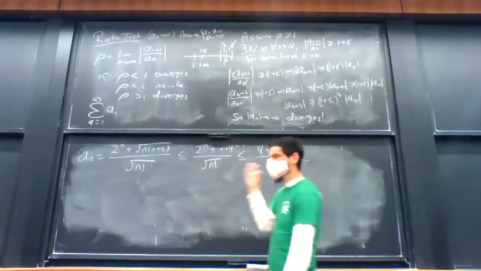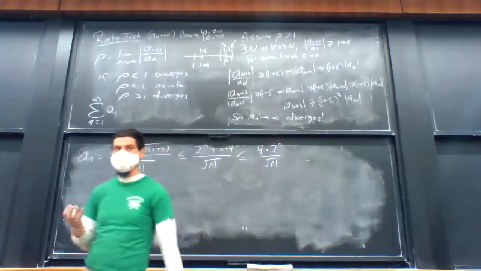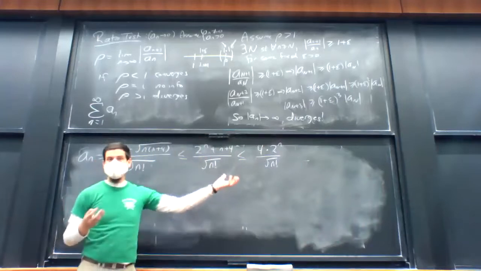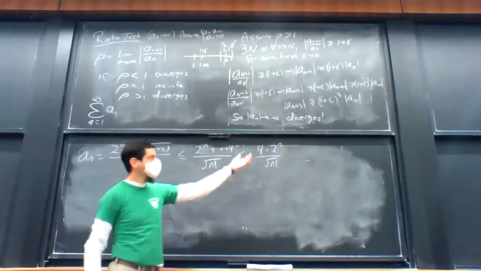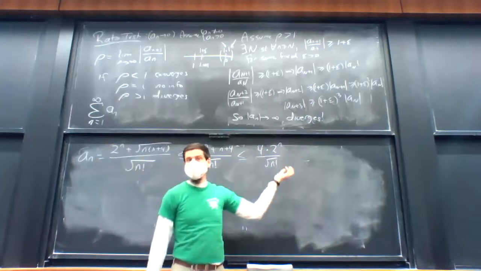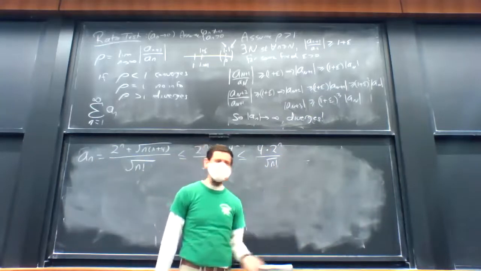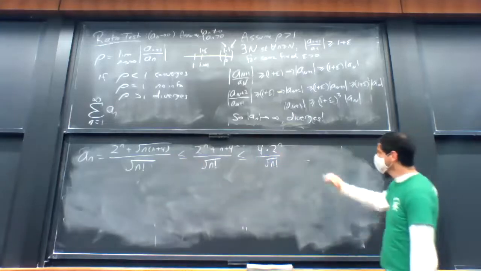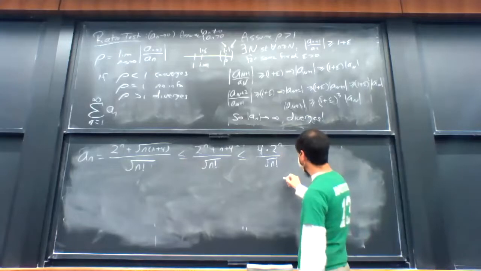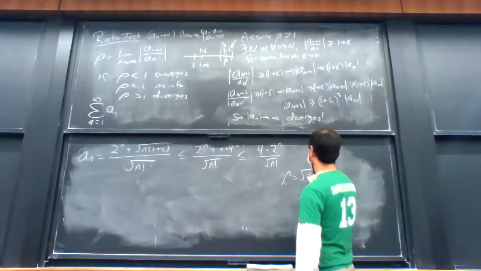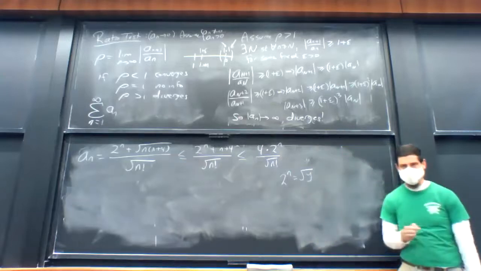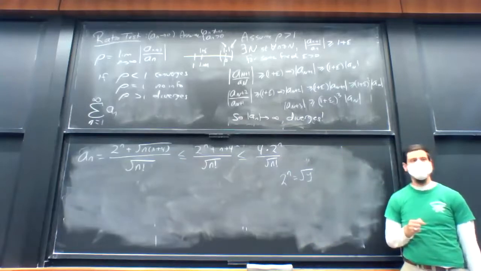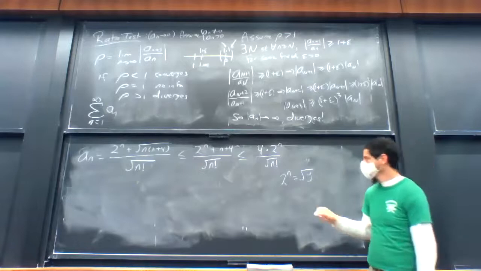So how big is the square root of n factorial relative to n factorial? Is it so small now that 2 to the n wins? Or is n factorial growing so rapidly that even if I take the square root... Well, let's rewrite this. Let's say I want to write 2 to the n as the square root of y. What would y have to be if I want 2 to the n equals the square root of y? 2 to the 2n.